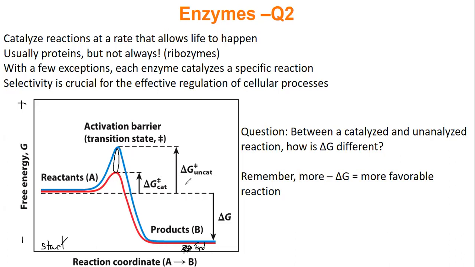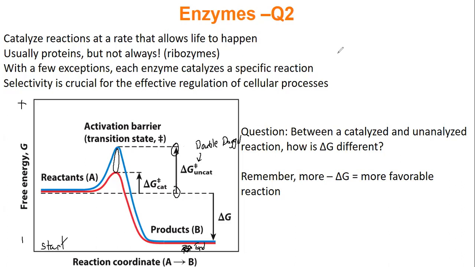And the energy difference between a reactant and a transition state is called delta G double dagger. That's what this symbol is called. It's called a double dagger. What an enzyme does is that an enzyme lowers this activation barrier.